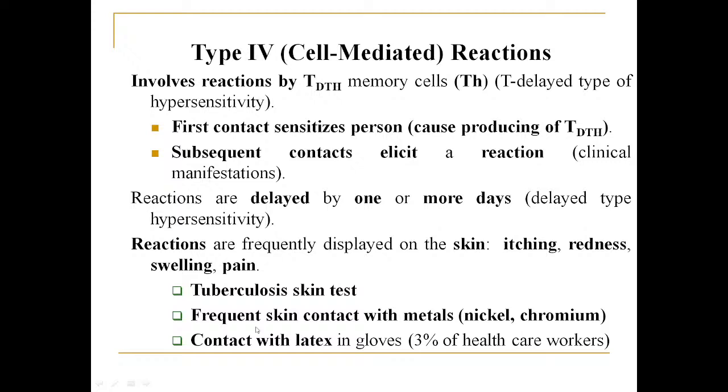In frequent skin contact with metals like nickel or chromium, frequent skin contact with these metals cause delayed hypersensitivity, or long contact with latex also cause cell-mediated reactions. It's about 3% of health care workers who wear latex gloves when they work.